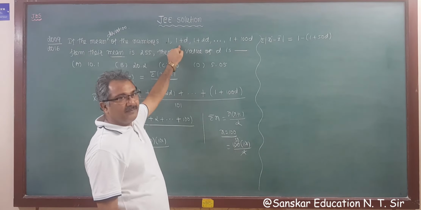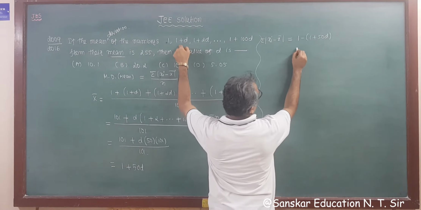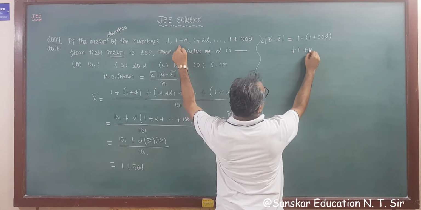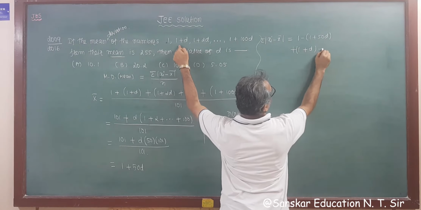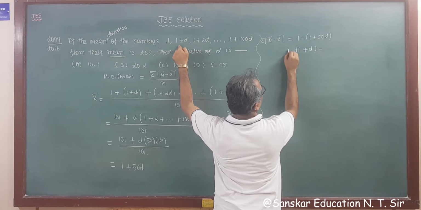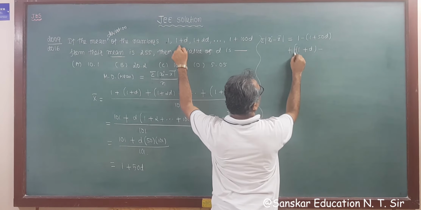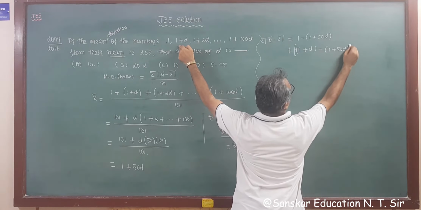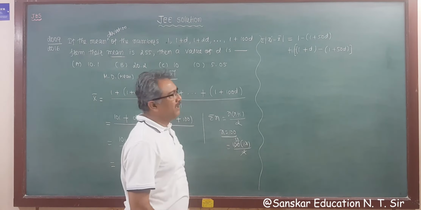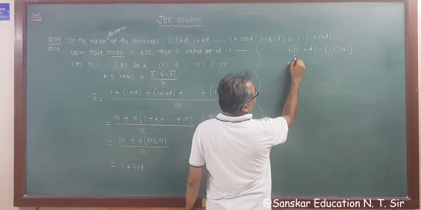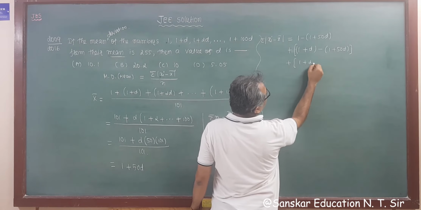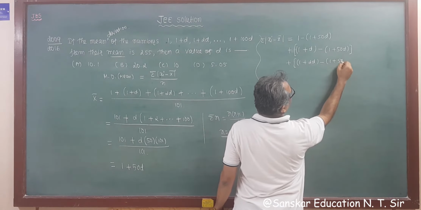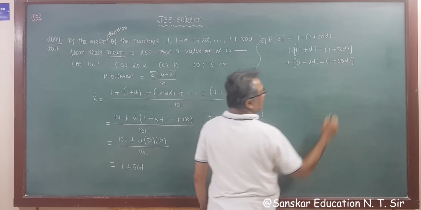The second observation is 1 plus d, that is xi. So this is plus (1 plus d) minus (1 plus 50d). This is the second observation. The third observation is plus (1 plus 2d) minus (1 plus 50d). This is your x bar.